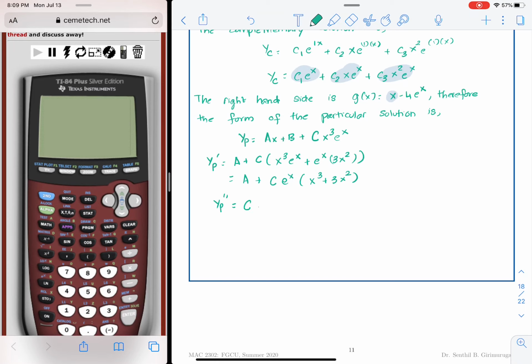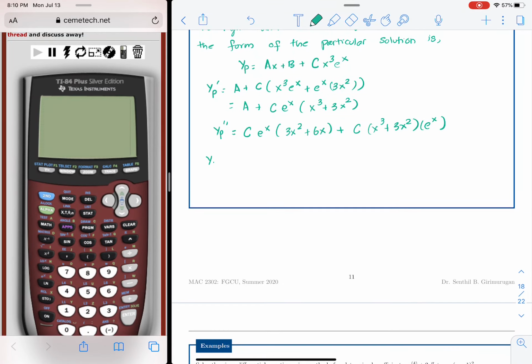We have c e raised x, 3x squared plus 6x plus c x cubed plus 3x squared times e raised x.